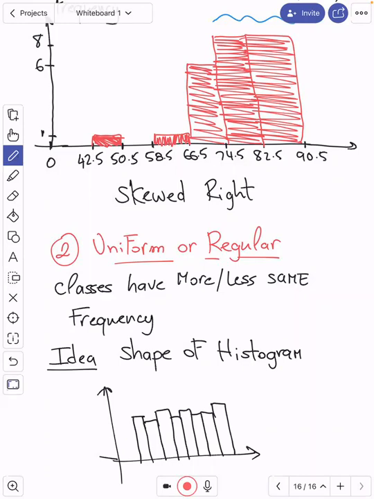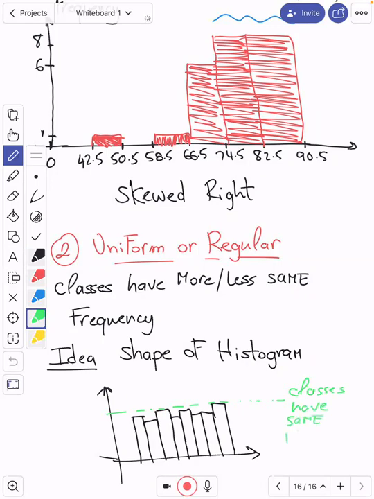As you can see here, the classes have more or less the same frequency. That's what I call a uniform or regular histogram.